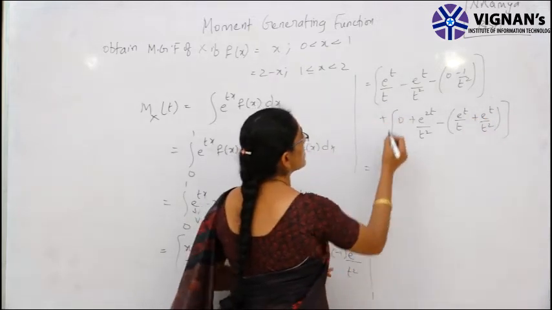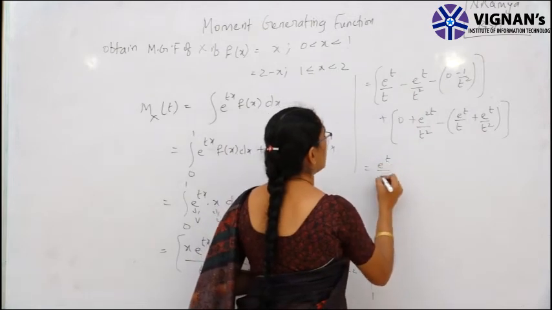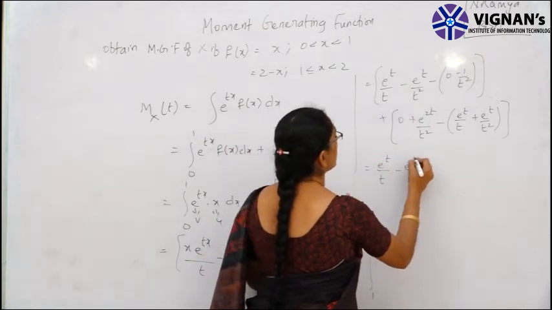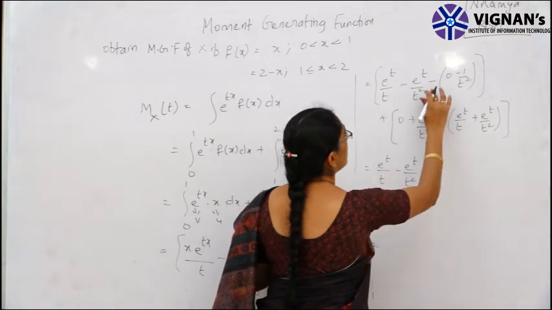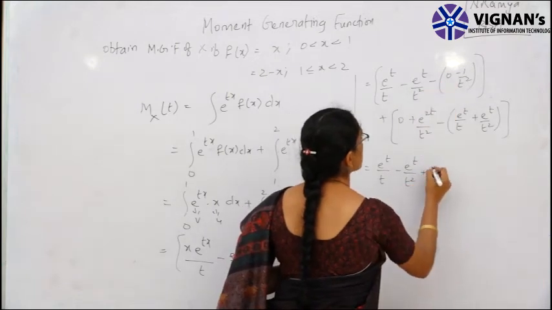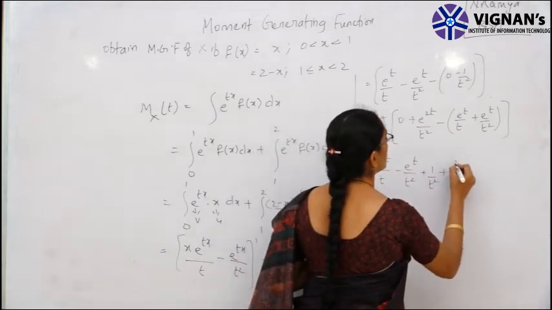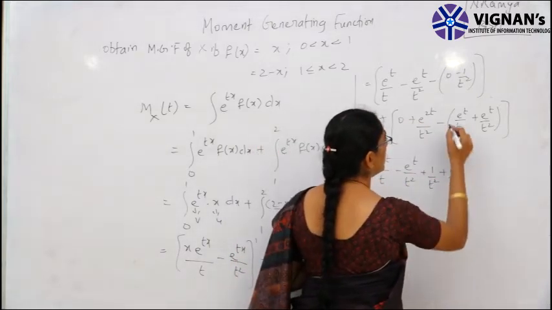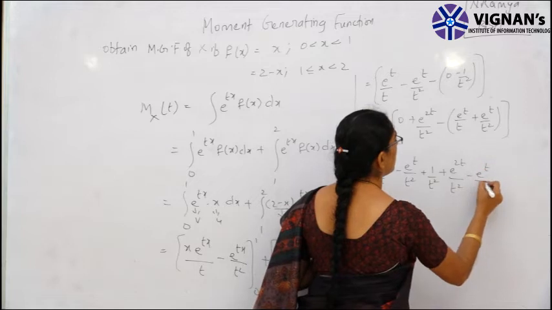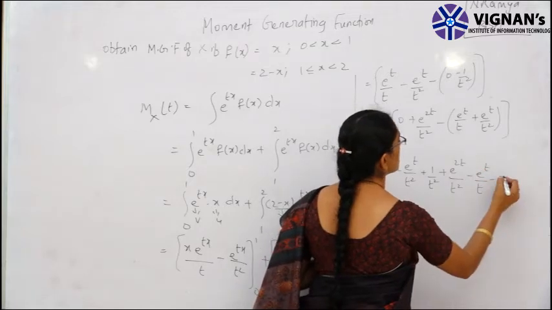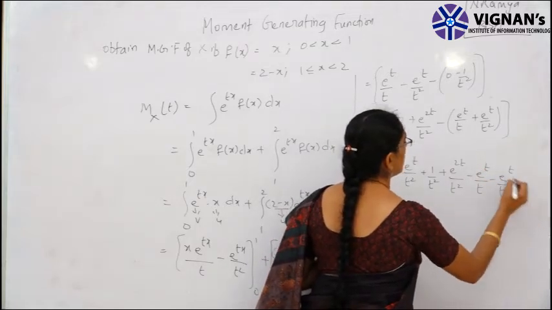Now, simplify this. e power t by t minus e power t by t square, minus minus becomes plus 1 by t square, and here e power 2t by t square minus e power t by t minus e power t by t square.